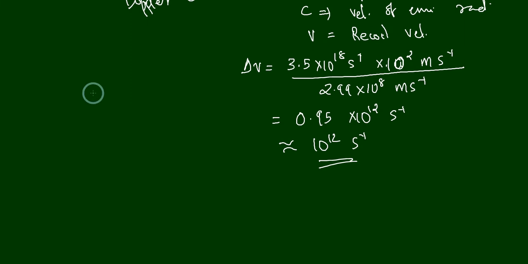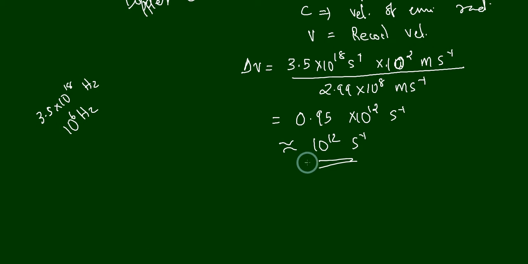Where did we expect the frequency? At 3.5 into 10 raised to 18 hertz. That was the frequency emitted by the source, and this frequency will have a line width of 10 raised to 6 hertz. That also we know. But we have seen here that the emitted frequency will be shifted because of the Doppler effect, and that shifted frequency is 10 raised to 12 hertz.